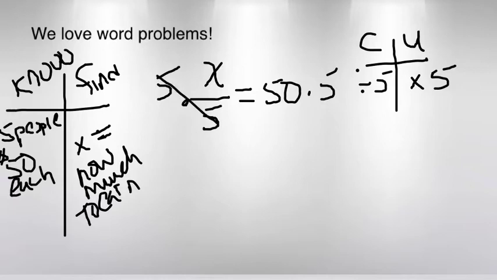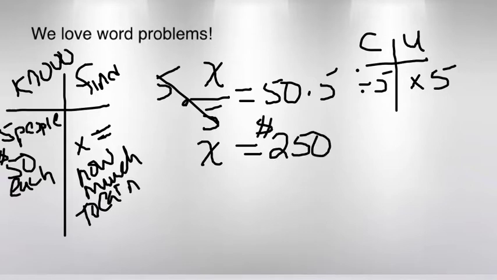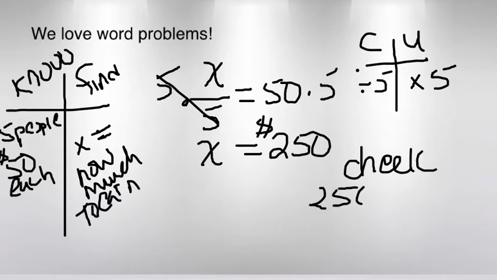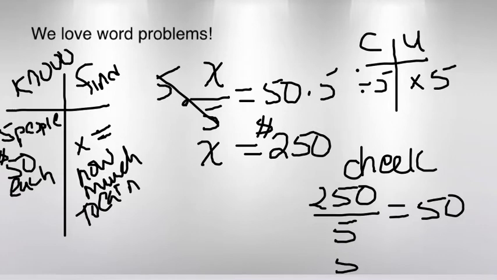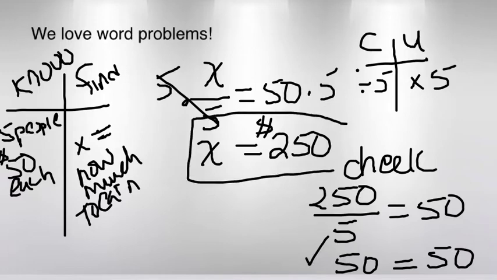These will cancel out, leaving me with x equals 50 times 5 is 250. So they need to earn $250 in order for each person to get $50. And I'll go ahead and check this. 250 divided by 5 equals 50. When I actually do that division, and you could use a calculator if you need to, 50 equals 50. So this answer is correct.